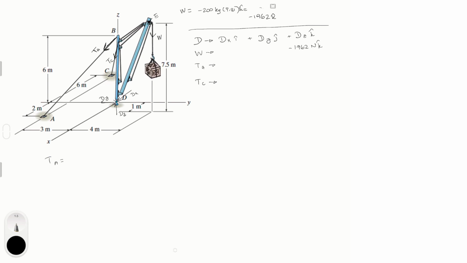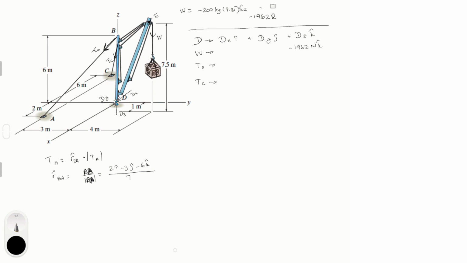So tension at A is equal to a unit vector going from B to A times the magnitude of the tension at A. Now the unit vector is equal to a vector that goes from A to B over the magnitude of that vector, so sorry, that's not A to B, that's B to A. From B to A, you are going 2 in the I, minus 3 in the J, minus 6 in the K. And you gotta divide it by the magnitude of that vector, which is 2 squared plus 3 squared plus 6 squared, all square rooted.